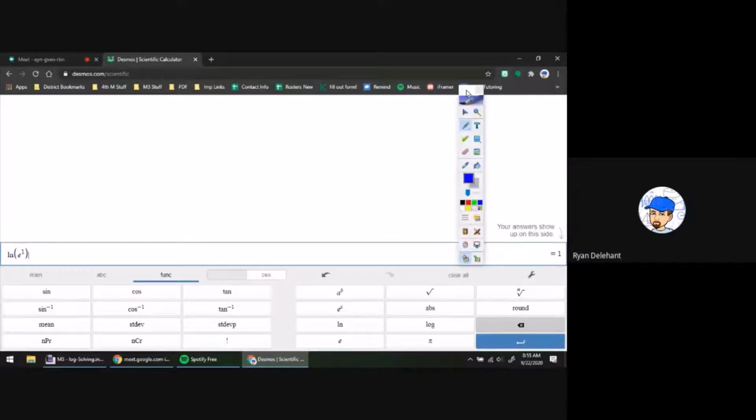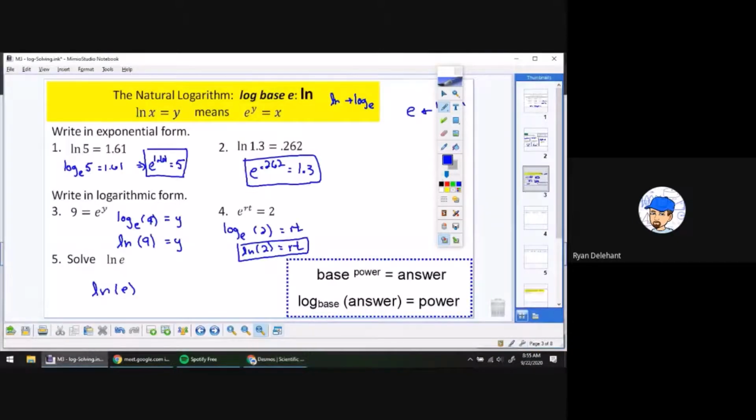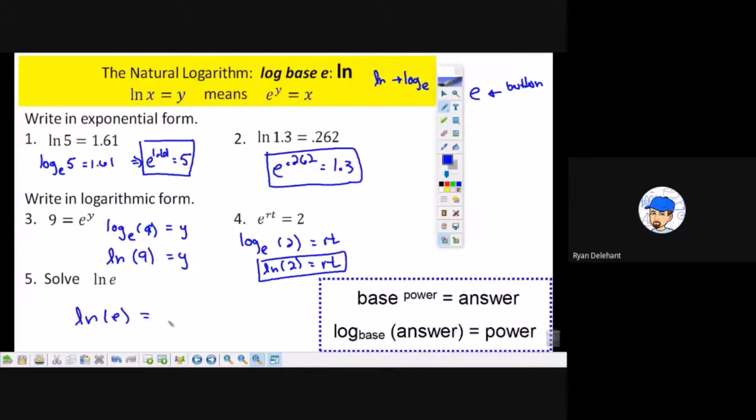And the answer that we get is 1. Doesn't seem really useful yet, but it's important to understand that the natural log of e is going to be 1 because natural log is a log with a base of e.